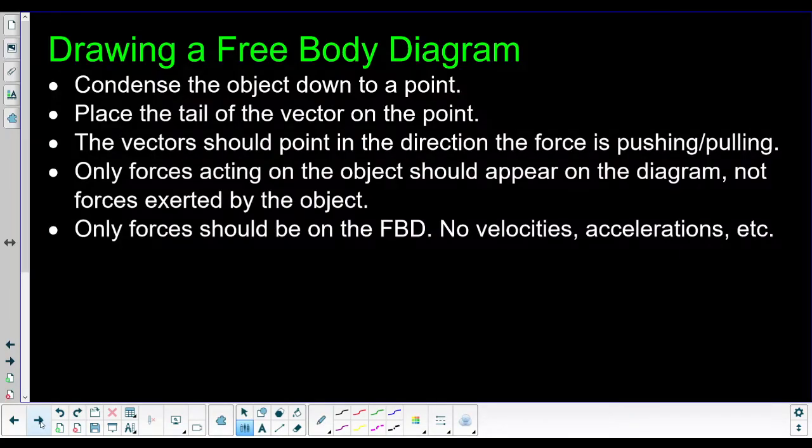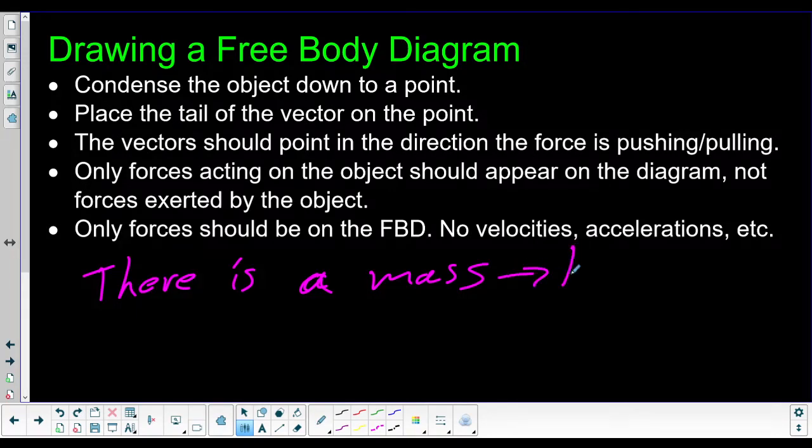For drawing a free body diagram, there are a couple of important things we're going to do. We have to define an object. In most of the examples, it says something like there is a mass. Okay, mass being synonymous with box.